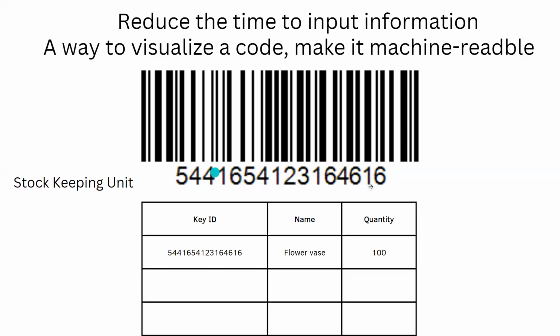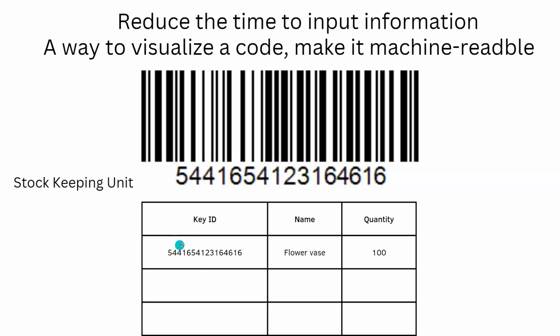Instead of doing this, we can have a barcode and a scanner, which shoots a laser beam into the barcode, and when the light flashes back, the computer reads the result and understands that the barcode represents a string of digits like this.